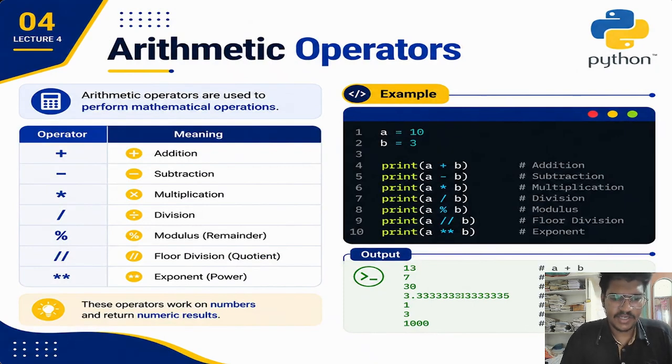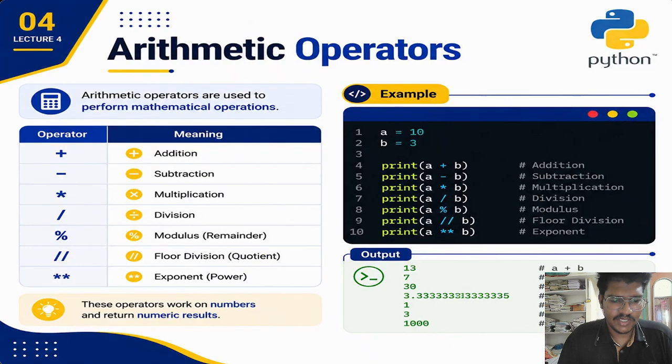The first is addition, which adds two operands. For example, 5 plus 10 gives 15. The second is subtraction, which subtracts the right operand from the left operand. Example, 10 minus 5 gives 5. The third is multiplication, which multiplies two operands, that is 10 times 5 gives 50.